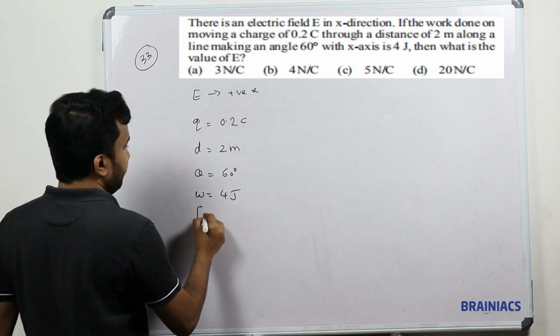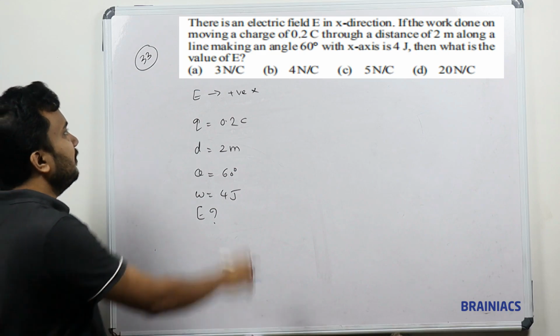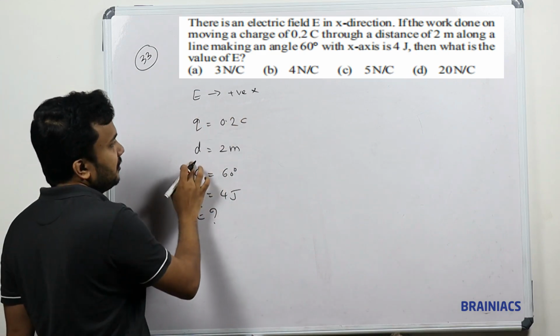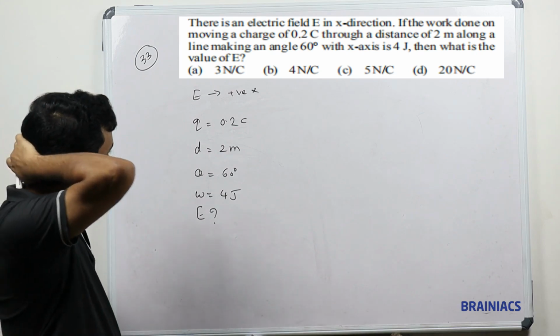What is the value of the electric field? This is what we need to find out. The electric field will be in the positive x direction, the charge moves 2 meter making an angle of 60 degree, and work is equal to what?